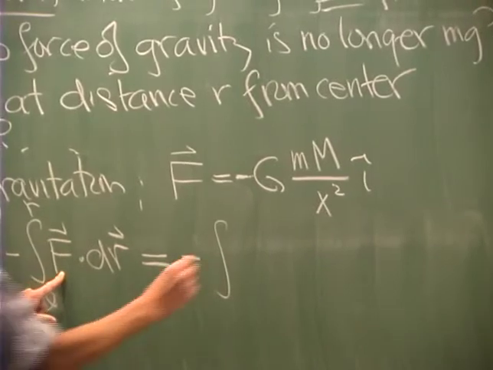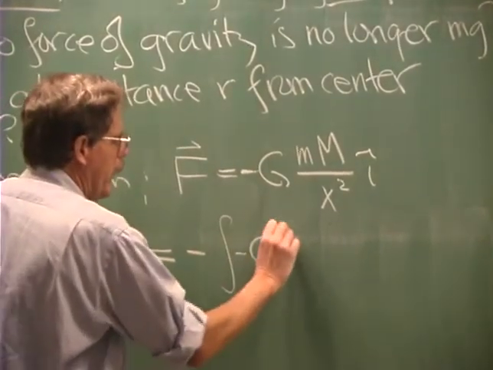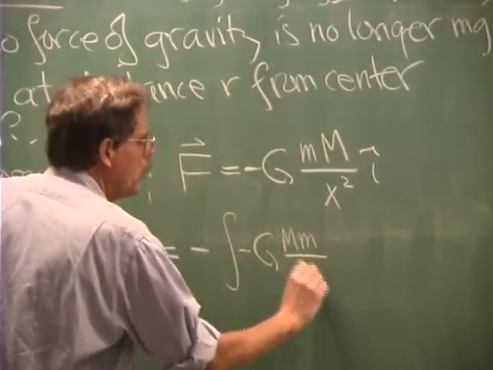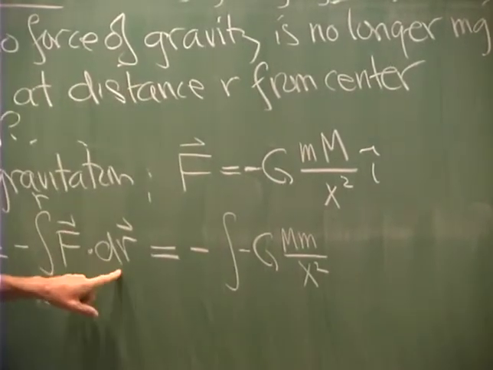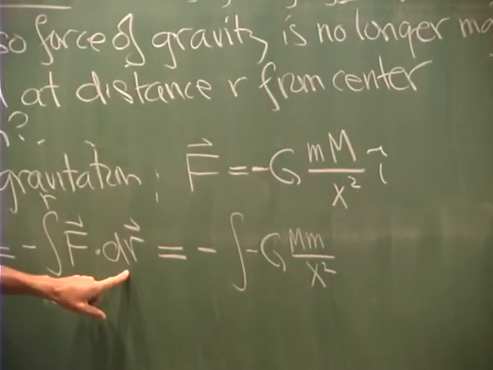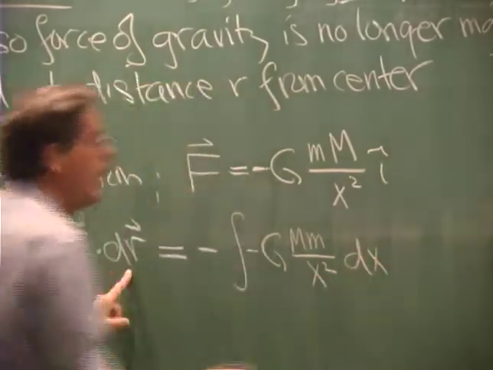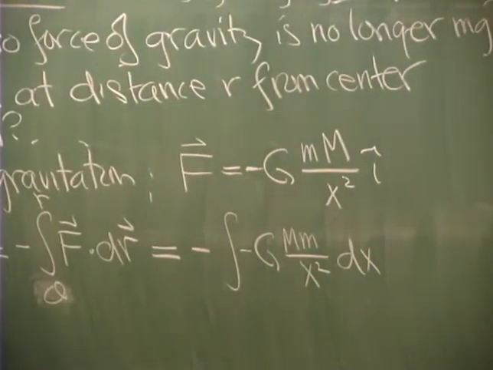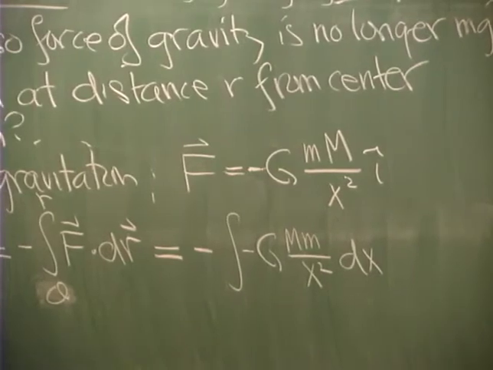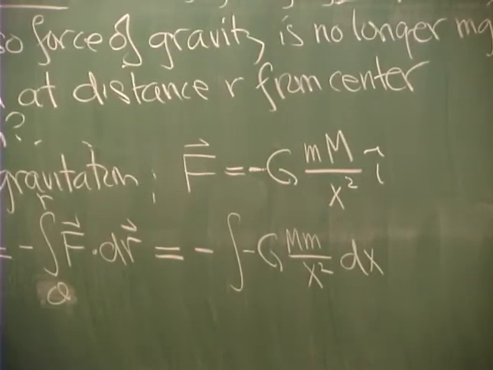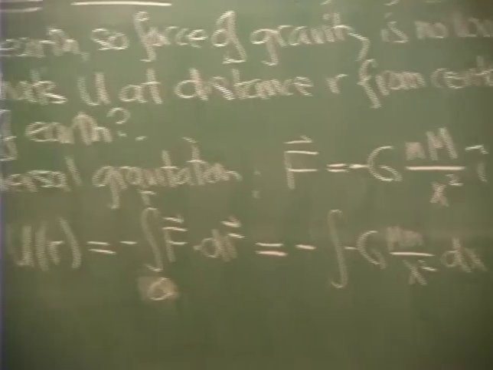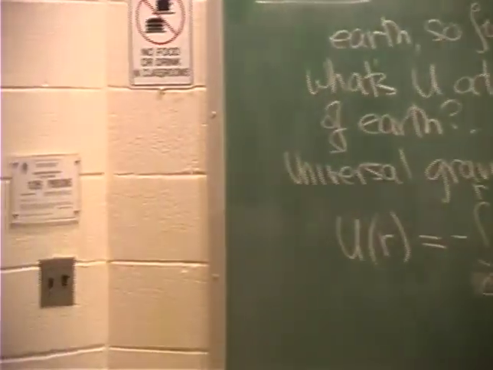In this case, it is minus the integral of F, which is itself minus GMm over x squared. And now I want just the x component of the displacement. That's dx. And what are the limits? Well, the reference point.